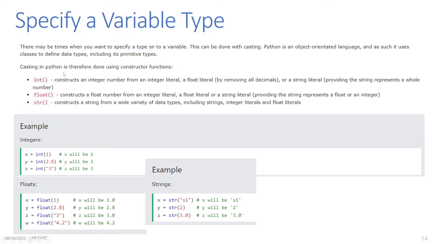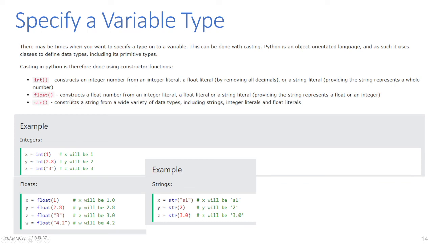So casting in Python is done using constructor functions. We have int, float, and str as examples. int constructs an integer number from an integer literal, a float literal by removing all decimals, or a string literal, providing the string represents a whole number.